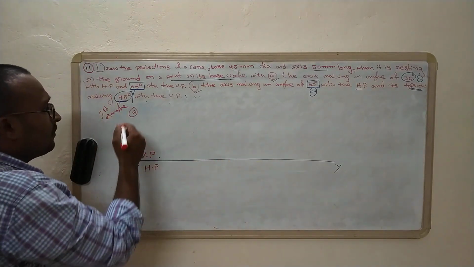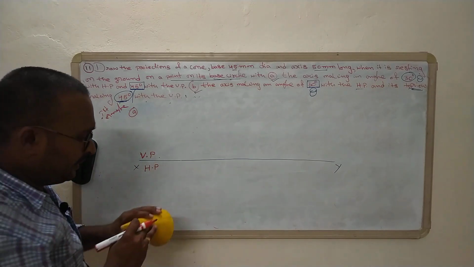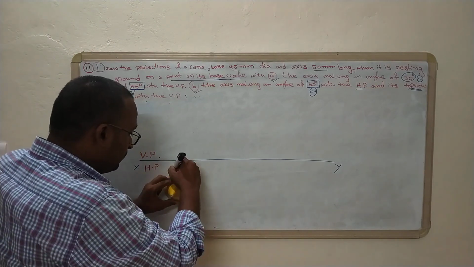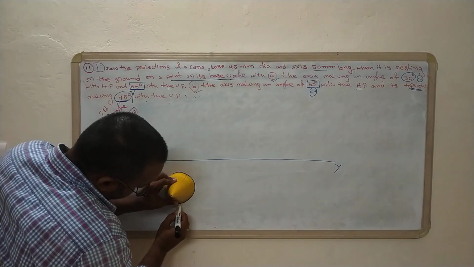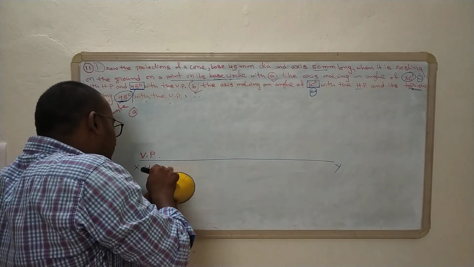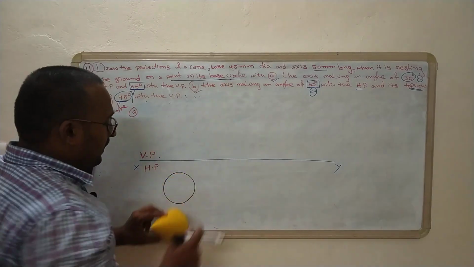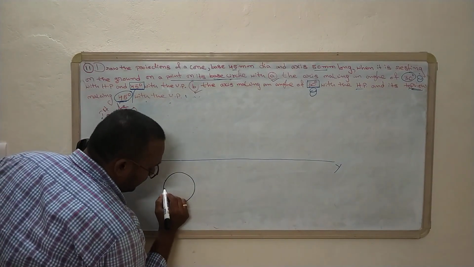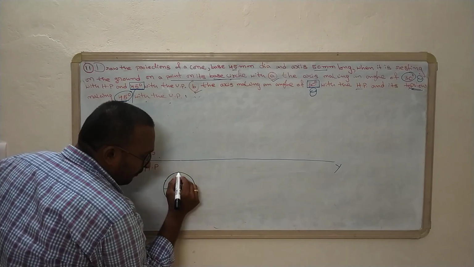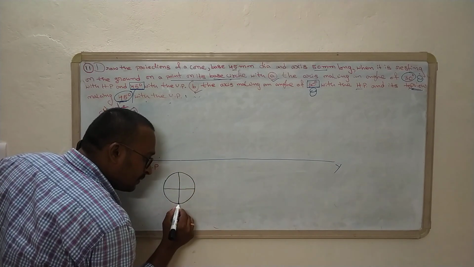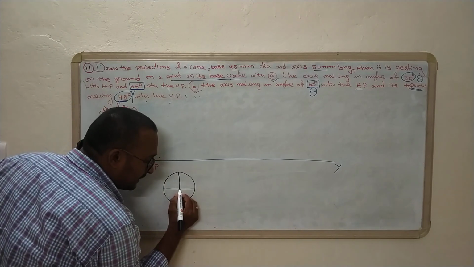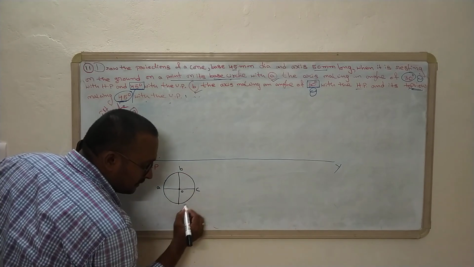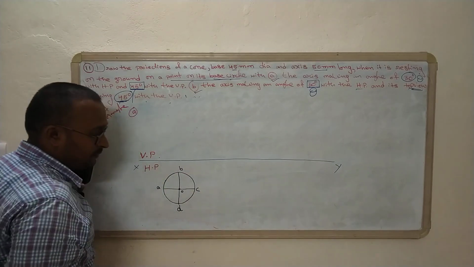So let's solve the first condition, condition A. Initially it will be a circle on the top view, having 45 mm base diameter, and then we must divide it into a number of equal parts. Let us say here it is O, A, B, C, D.